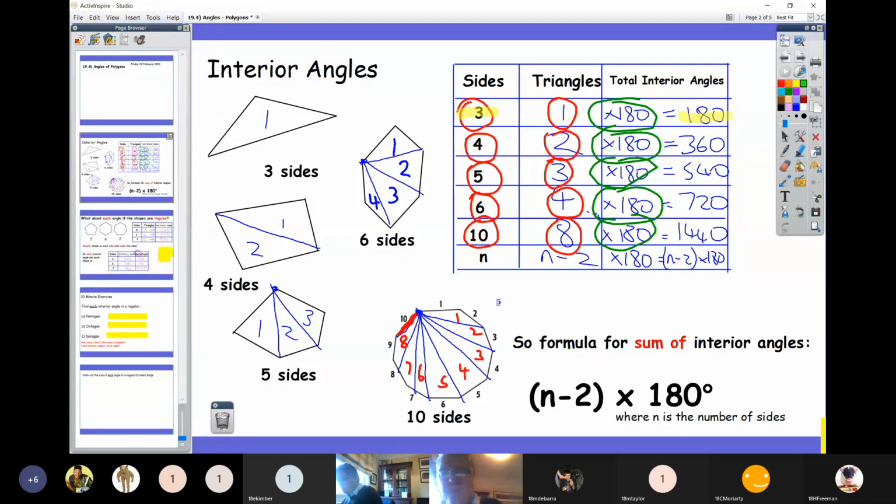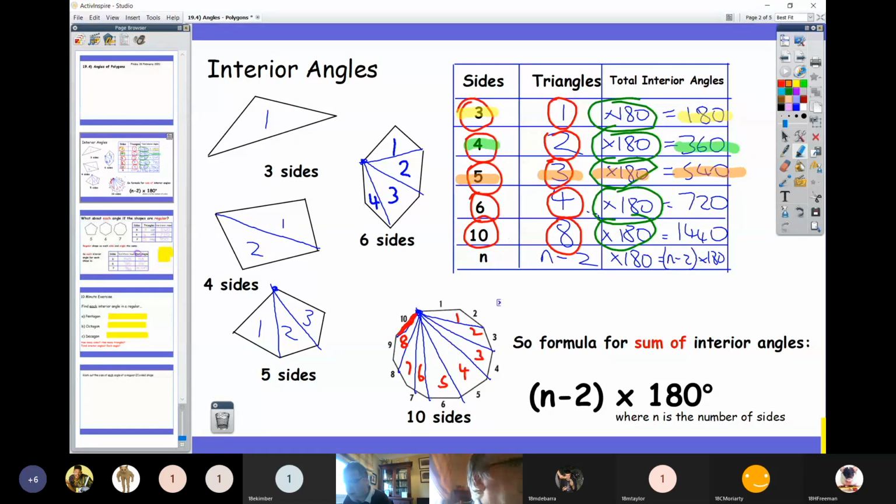We know for a 4-sided shape, a quadrilateral, that they add up to 360. Yeah, that's another one we know. But for a 5-sided shape, because that's 3 triangles, 3 times 180, we know the angles inside the shape add up to 540. So the process is: step 1, how many sides? Step 2, take away 2 to get the number of triangles. Step 3, multiply that by 180, and that gives you the total of the angles inside the shape.